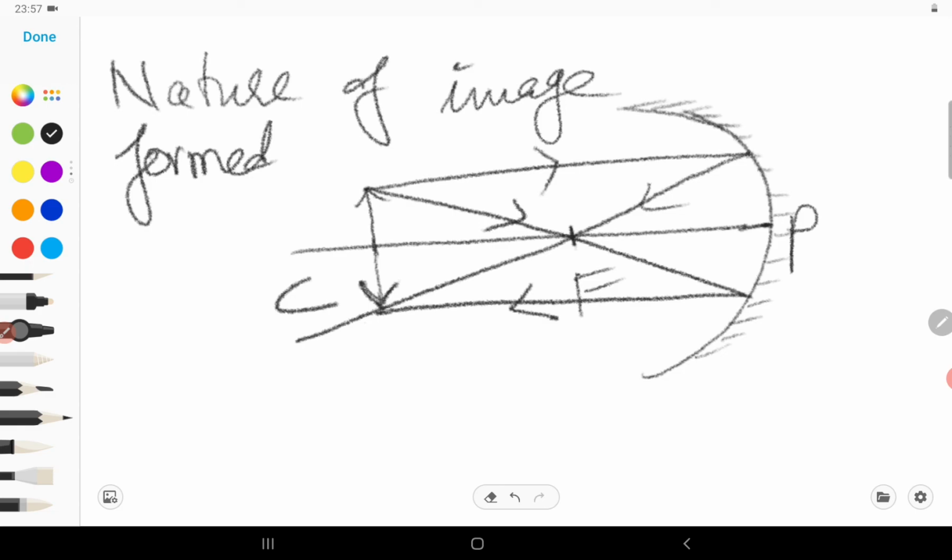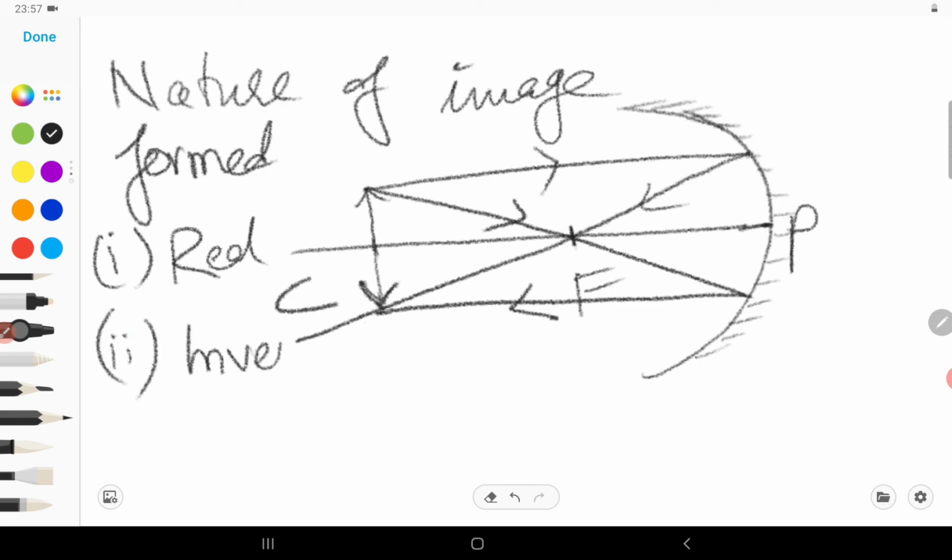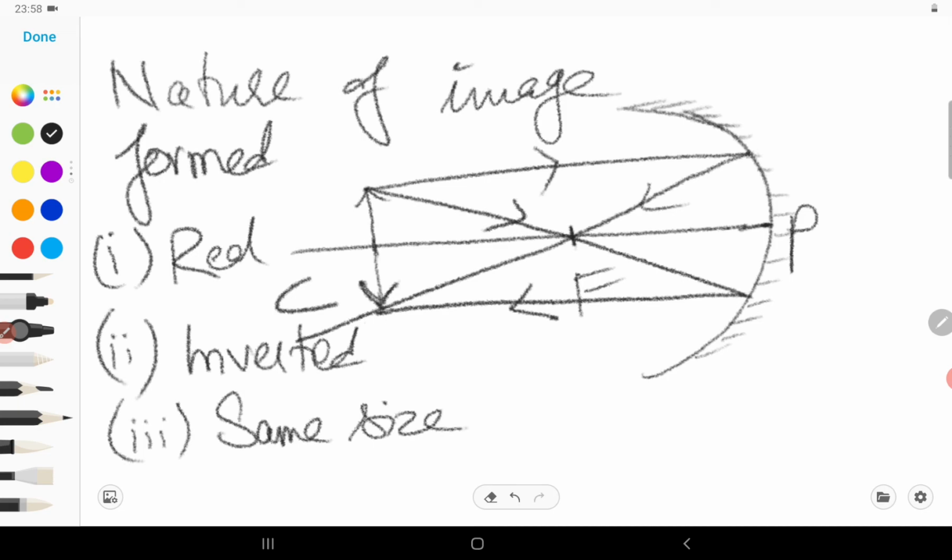so as you can see, the first one, the rays are actually meeting, so it should be real. Number 2, it should be inverted. Number 3, it is of the same size as that of the object. And number 4, it is formed at C, at the center of curvature.